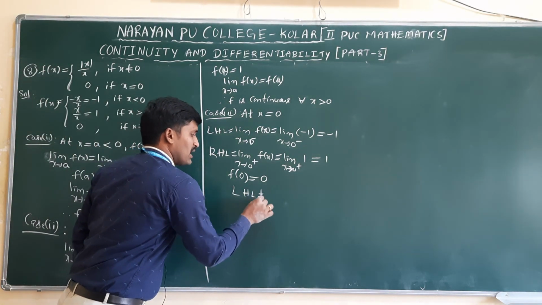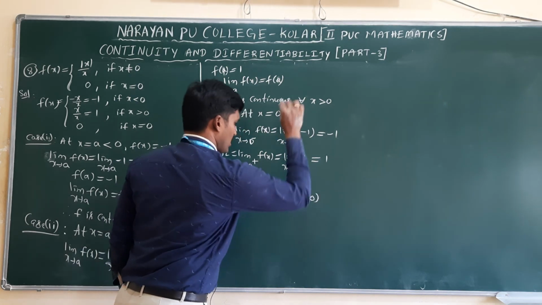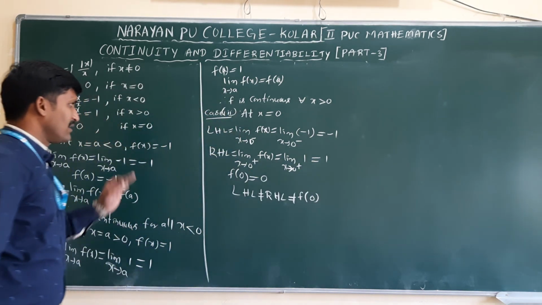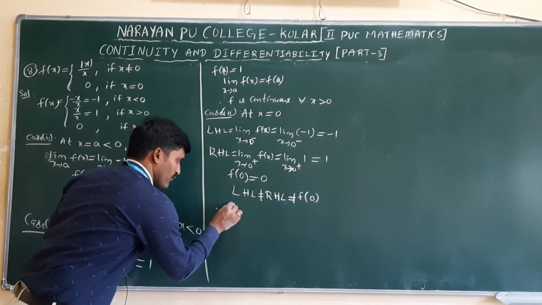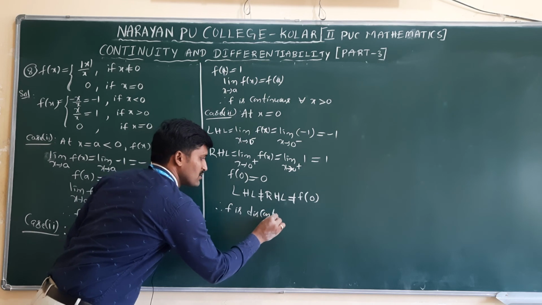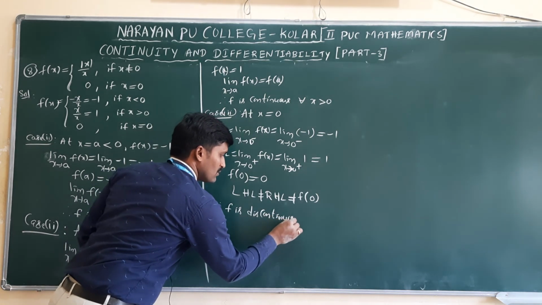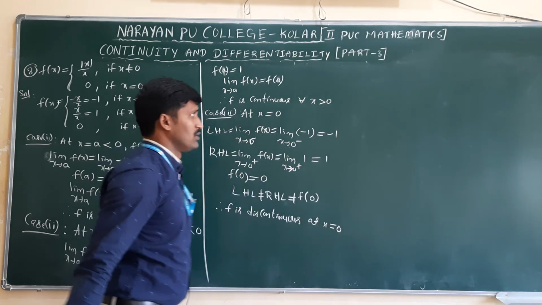All are defined, but all 3 are not equal. LHL is not equal to RHL, which is not equal to f of 0. That means clearly f is discontinuous at x equal to 0. Therefore, f is discontinuous at x equal to 0.